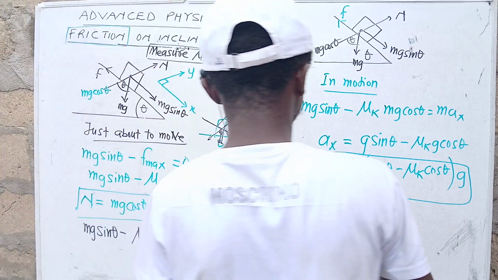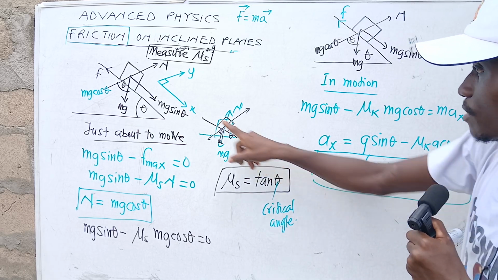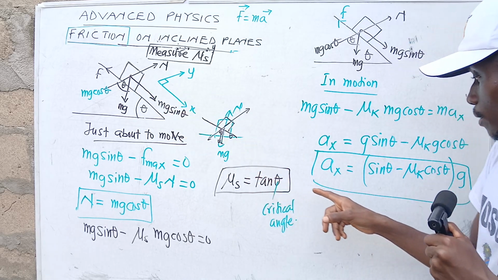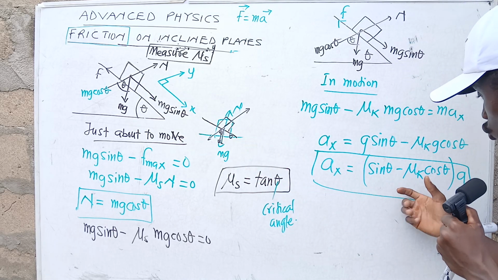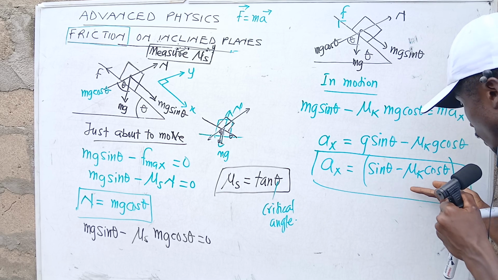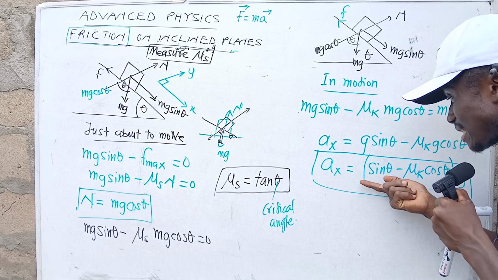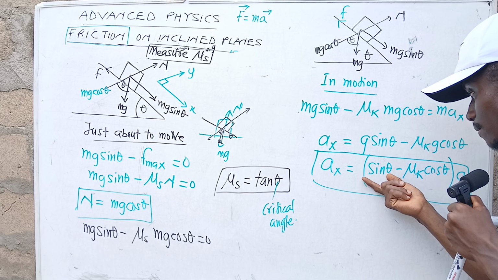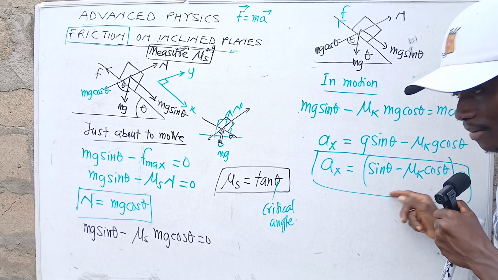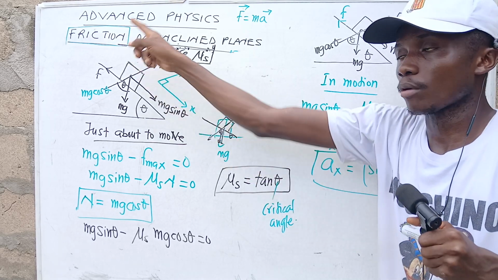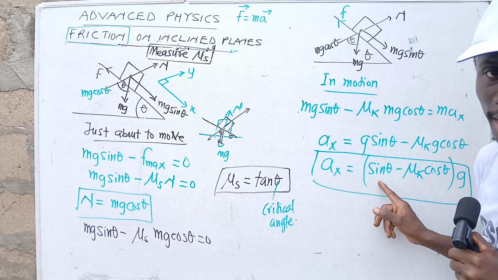Now this equation only works if the object is moving down. One may try to manipulate this figure so that this quantity beats the sine theta and then make the whole quantity negative. That means ax is in the upward direction. That cannot happen.